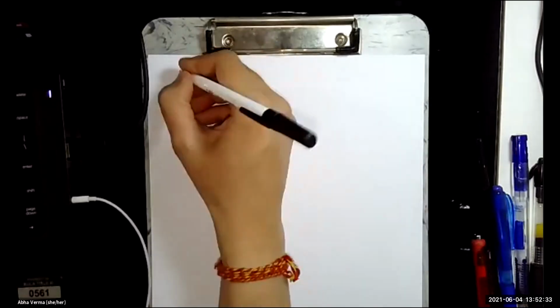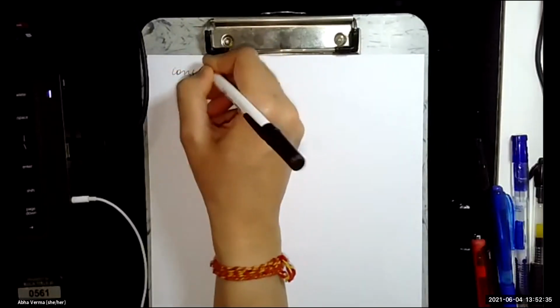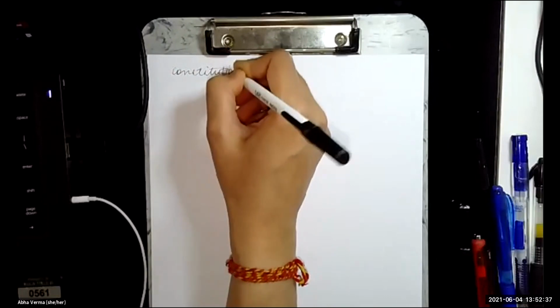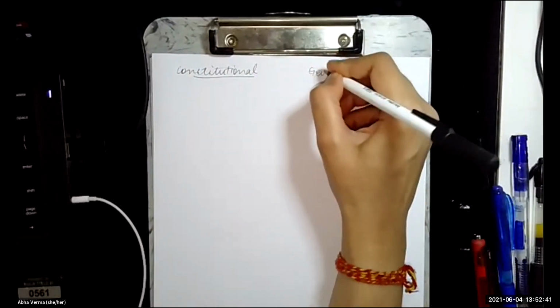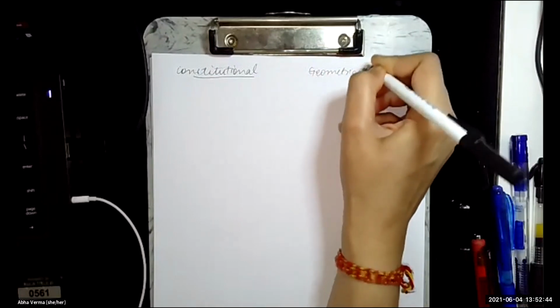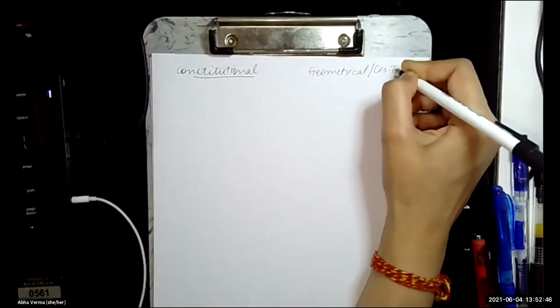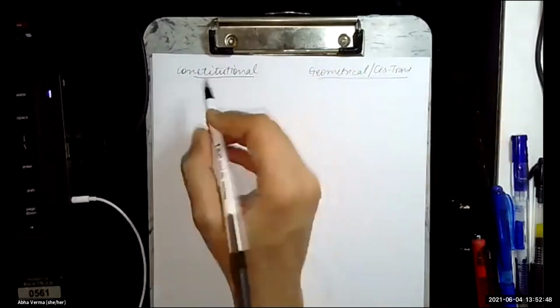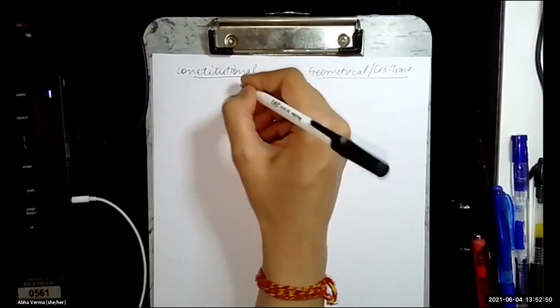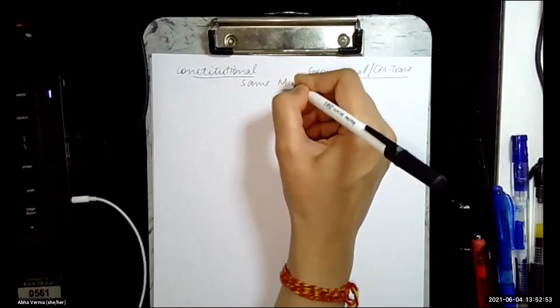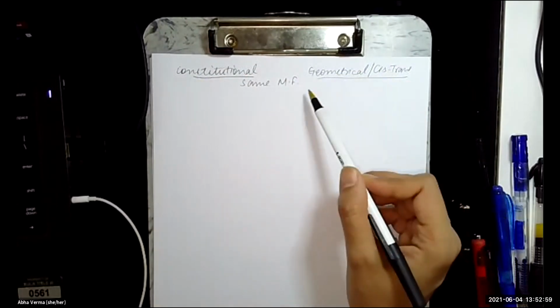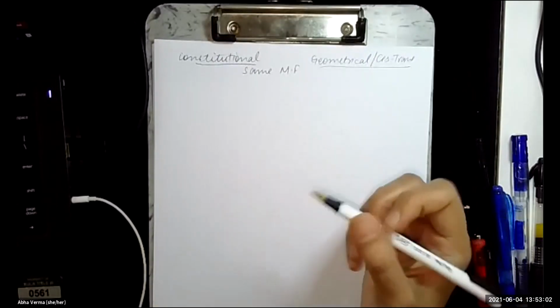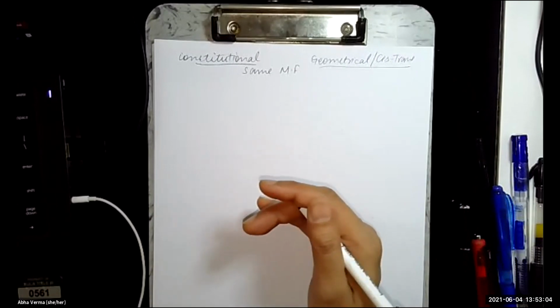Now if you remember, the first kind of isomers that we looked at were constitutional isomers. Then we looked at geometrical or cis-trans kinds of isomers. Both have the same molecular formula. So if you have two constitutional isomers, they will have the same molecular formula. If you have two geometrical isomers, you will have the same molecular formula. That's the main consideration for any isomer.